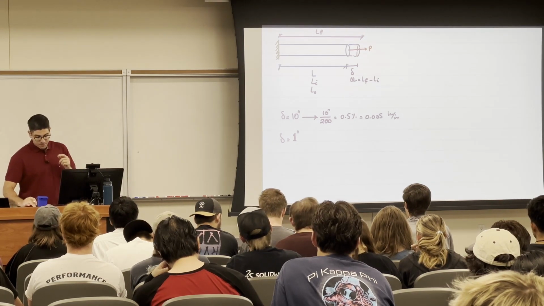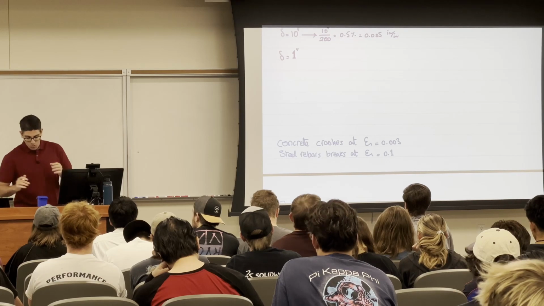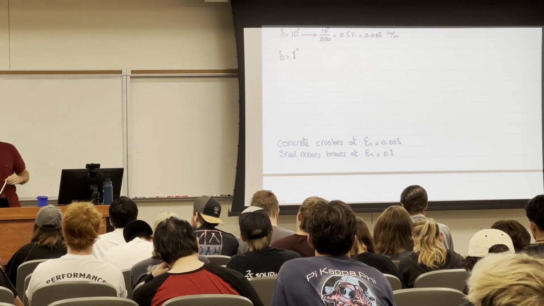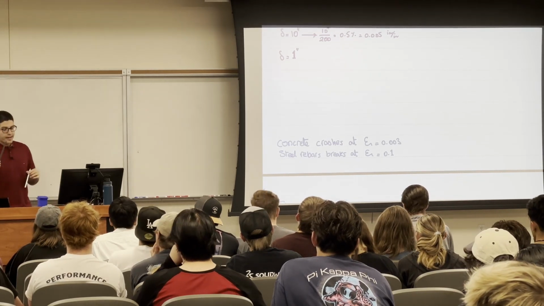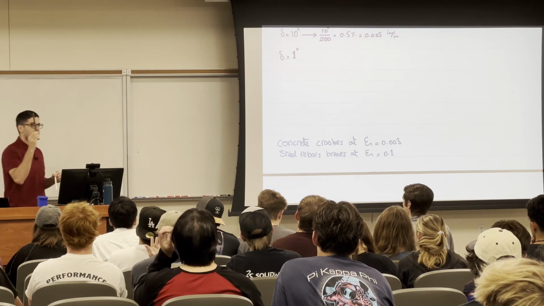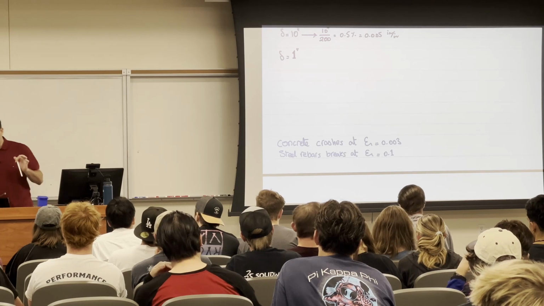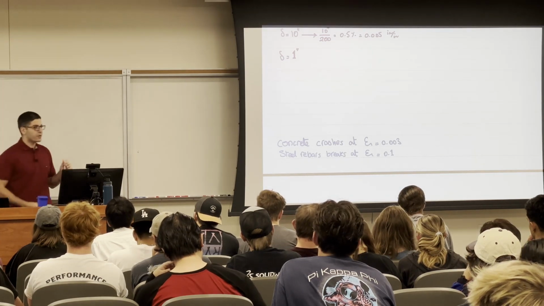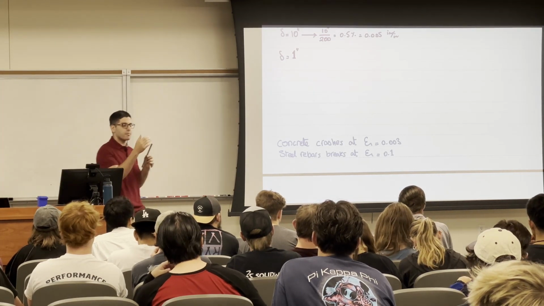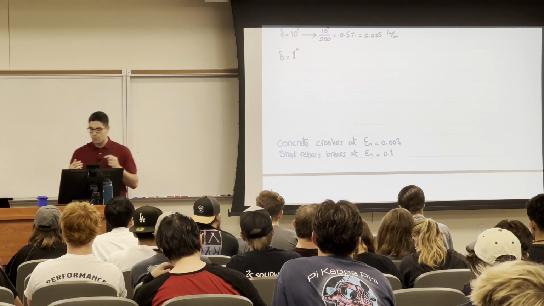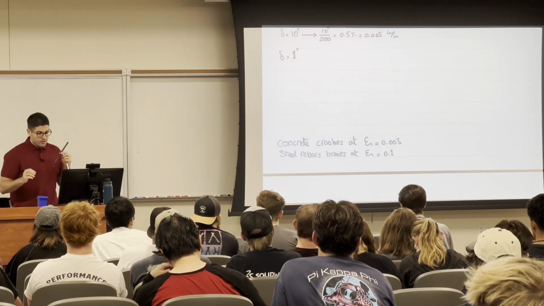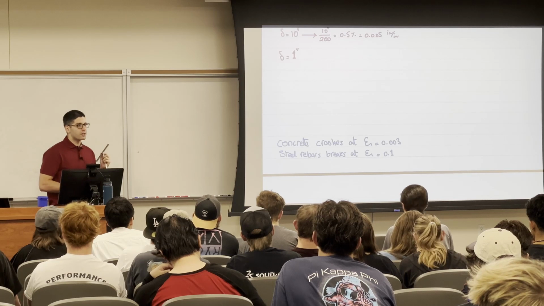Because, for example, if you go and buy these steel bars from any factory or workshop, they will tell you this is going to break at a strain equal to 0.1. And strain is the ratio of the delta over the original length. Or in other words, the strain is the amount of deformation per unit length.